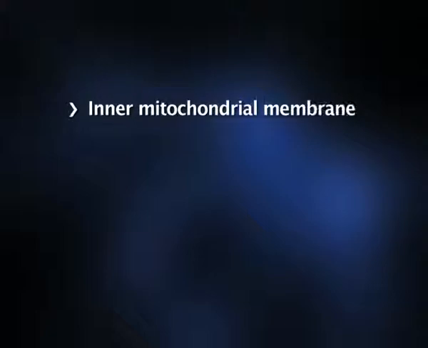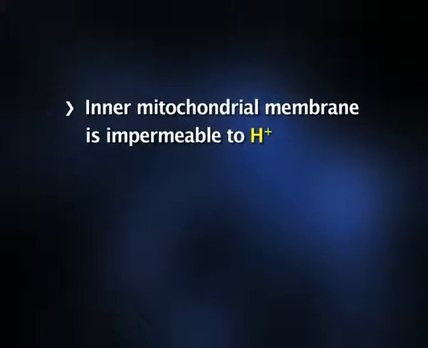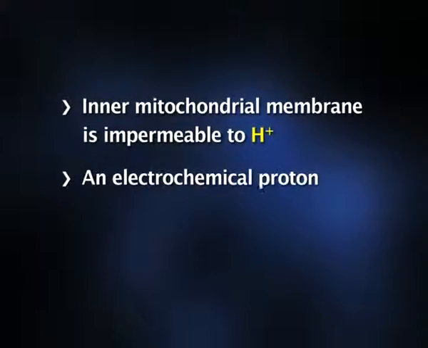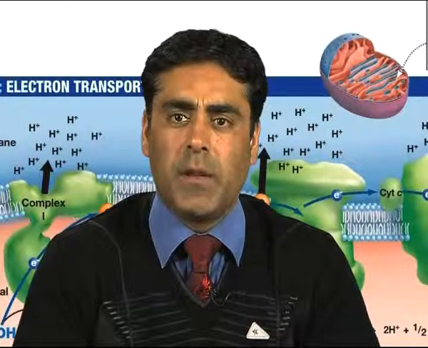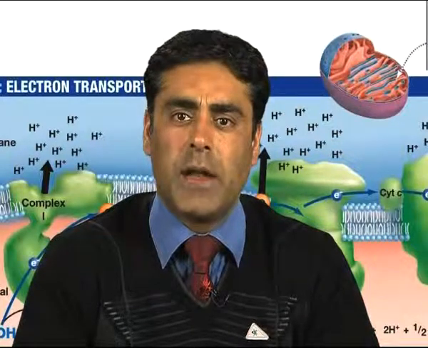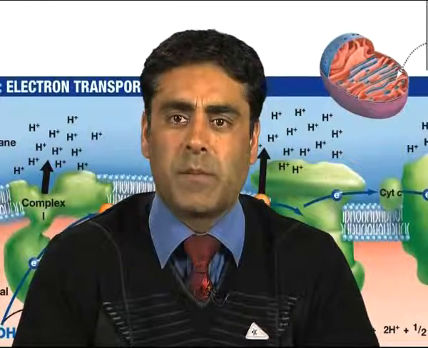Because the inner mitochondrial membrane is impermeable to H+, an electrochemical proton gradient can build up. As the proton concentration in the intermembrane space rises above that in the matrix, the matrix becomes slightly negative in charge.